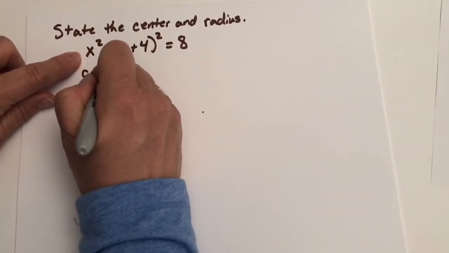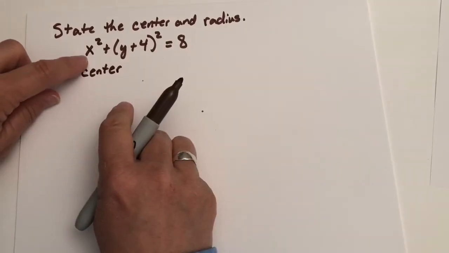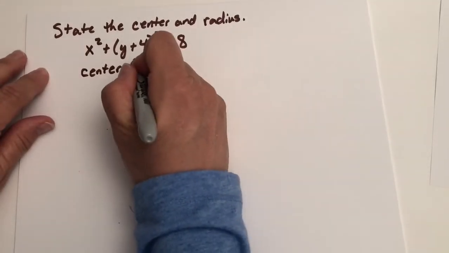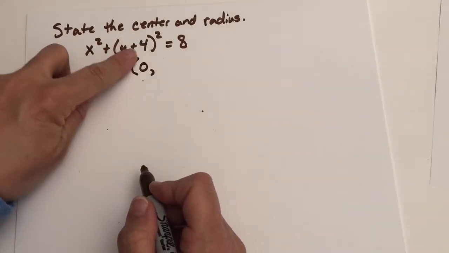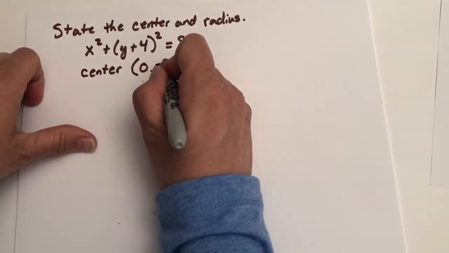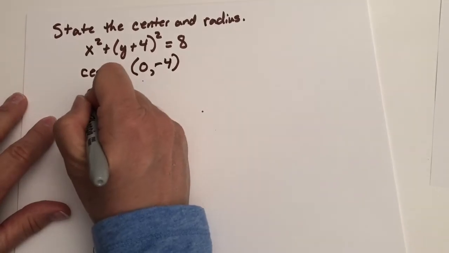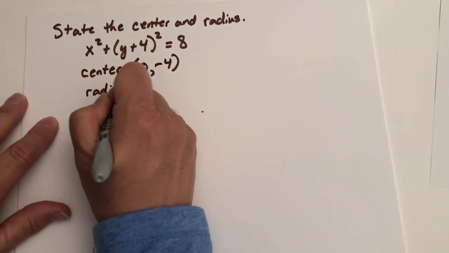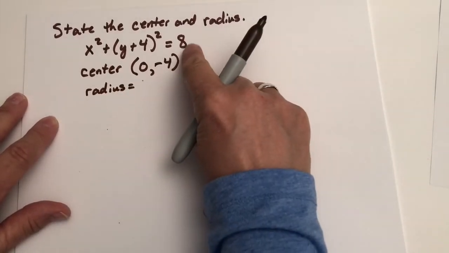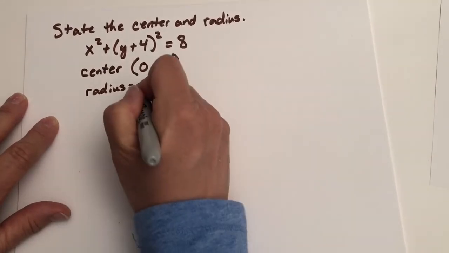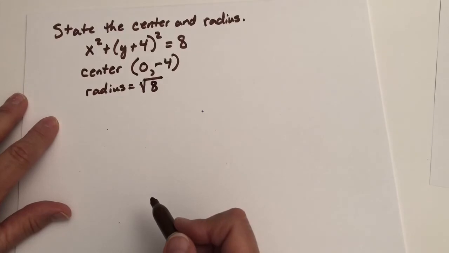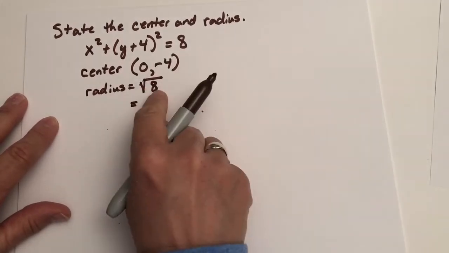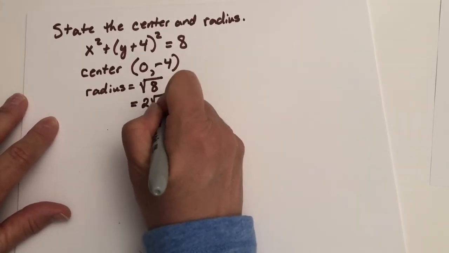Notice there is nothing that we're subtracting from the x, so in fact that means it's really x minus 0, so 0 is the x coordinate. The opposite of this number would be negative 4. And our radius is the square root of this number, because this number is the radius squared. And it's the positive square root. Our radius is always positive. And of course, we would simplify the square root of 8 and make it 2 square root of 2.